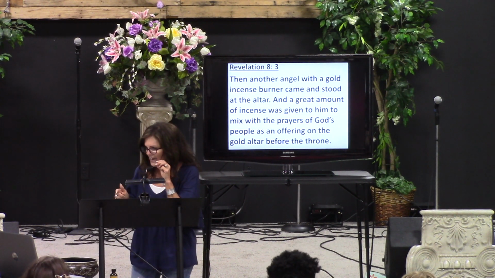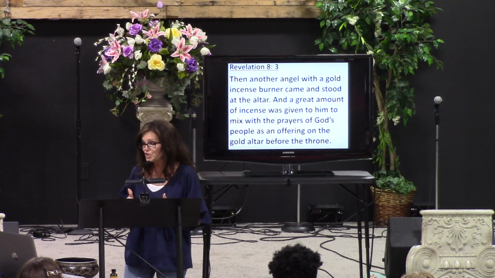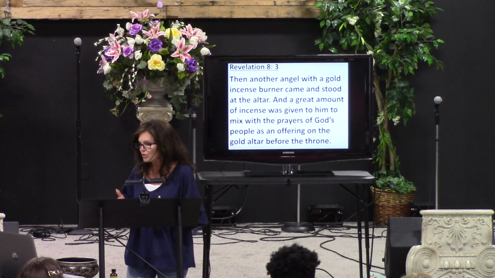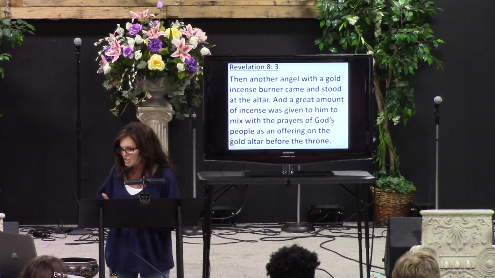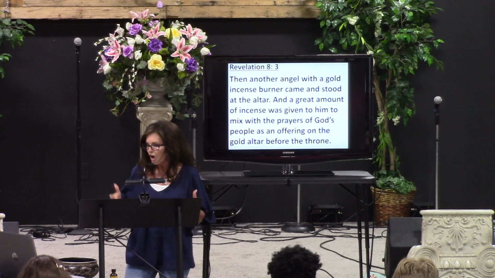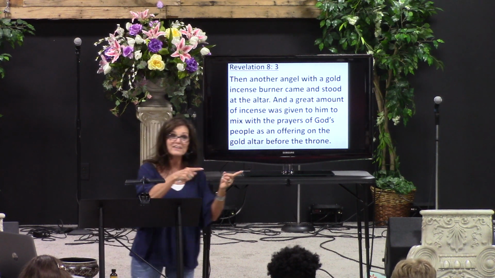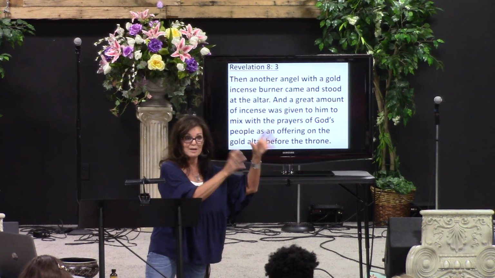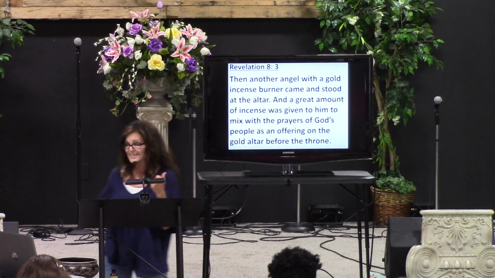Then another angel with a gold incense burner came and stood at the altar, and a great amount of incense was given to him to mix with the prayers of God's people as an offering on the gold altar before the throne. So in heaven, there's incense being burned. There's an altar there, just like the one at the temple.